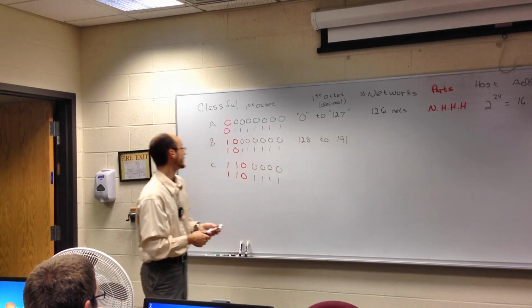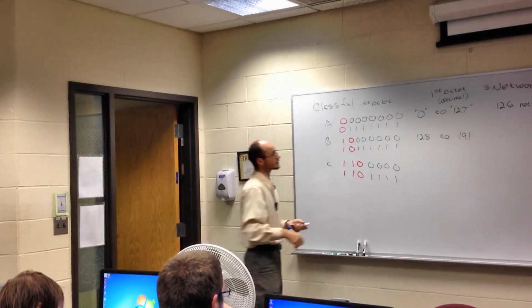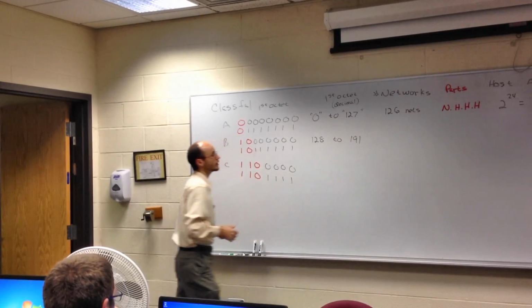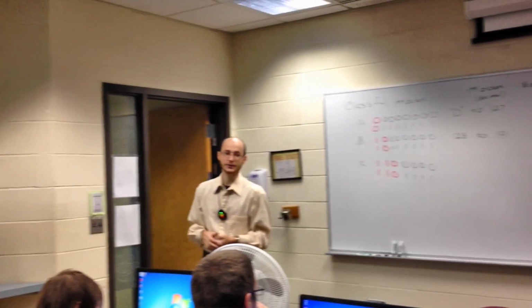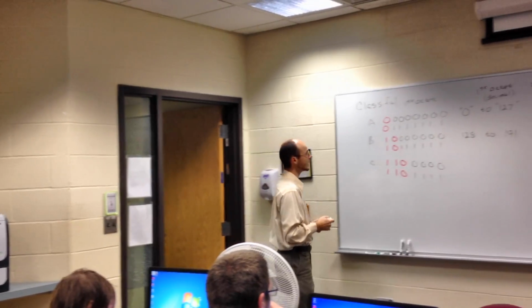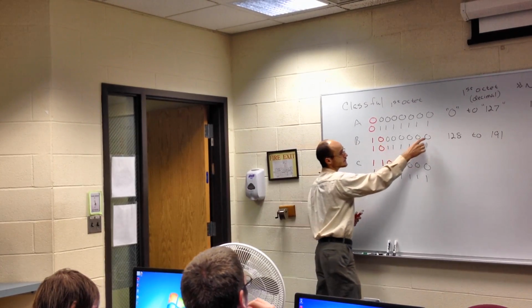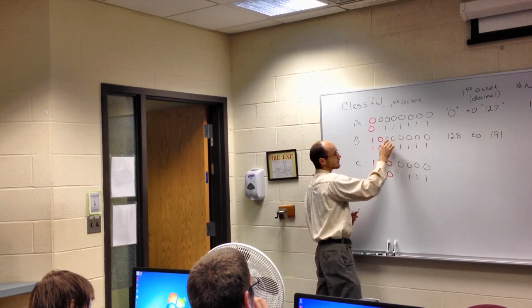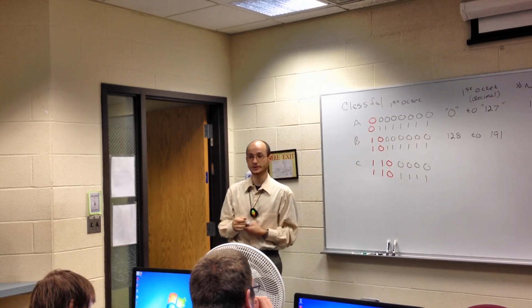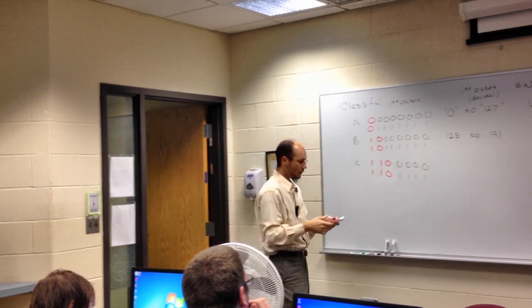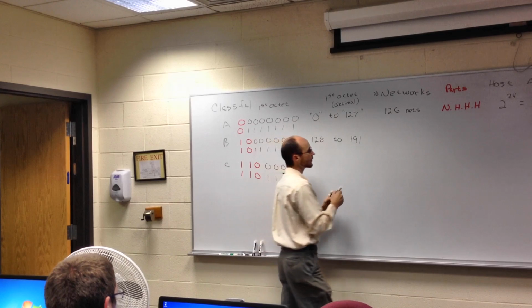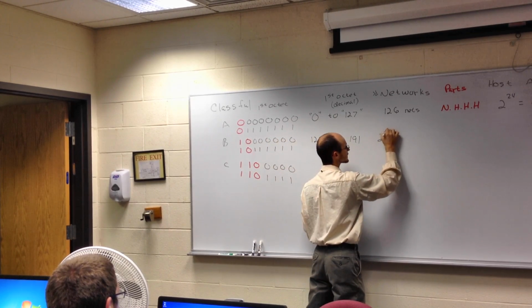Let's look at Class B. Class B has a range from 128 to 191. However, it can only handle, let's see, 1, 2, 3, 4, 5, 6 bits for networking. So how many total networks can Class B handle? I take 2 raised to 6.